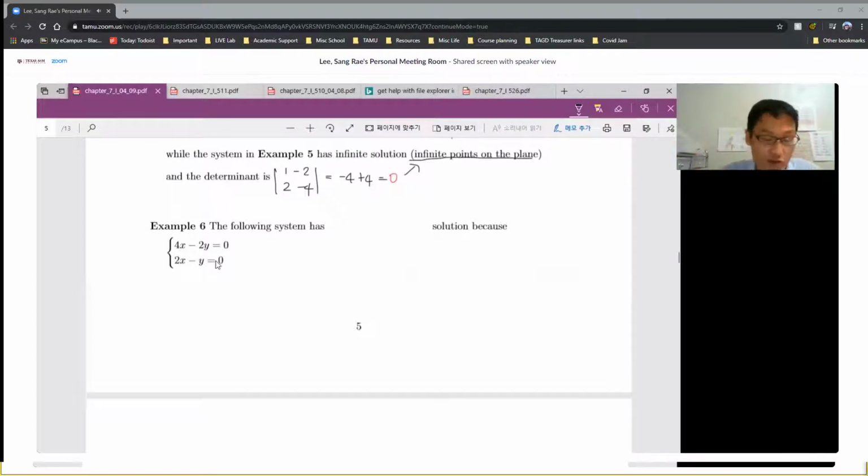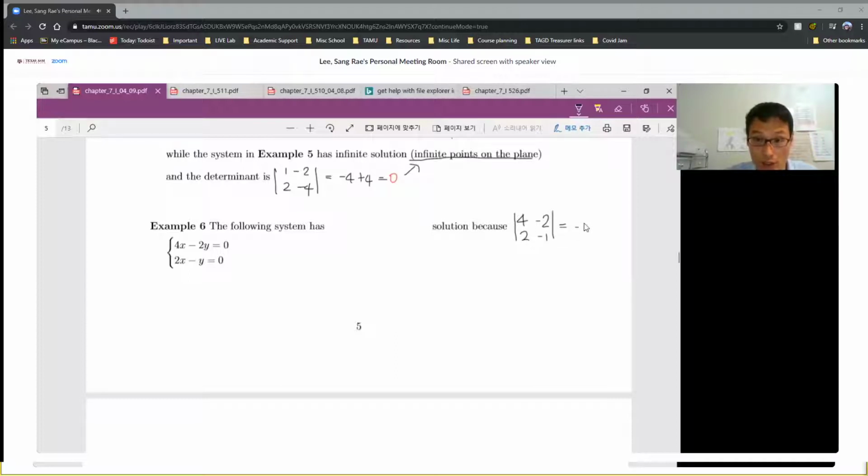Even before solving this example, you can tell whether the solution is infinite or not. I'm giving you some time so that you can guess or determine whether it has an infinite set or a unique solution. You simply look at the determinant 4, -2 to -1.